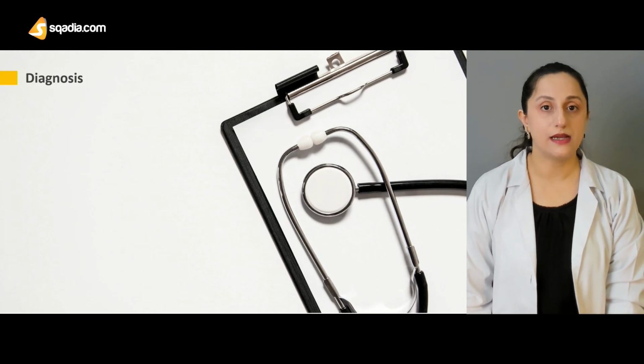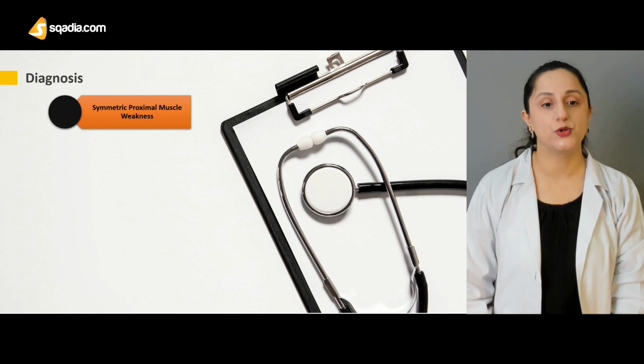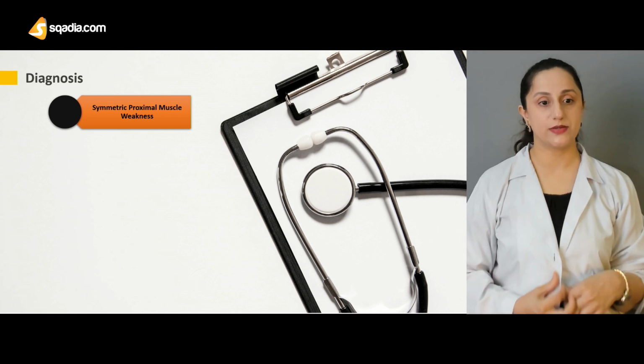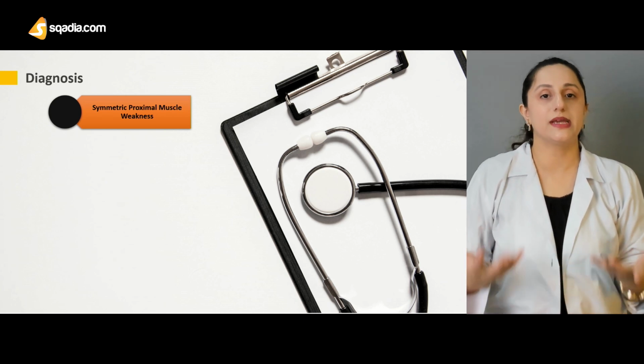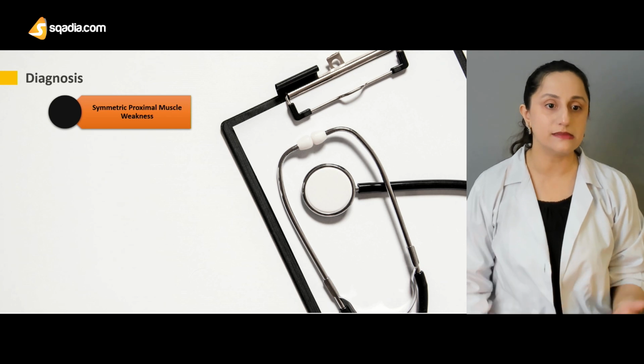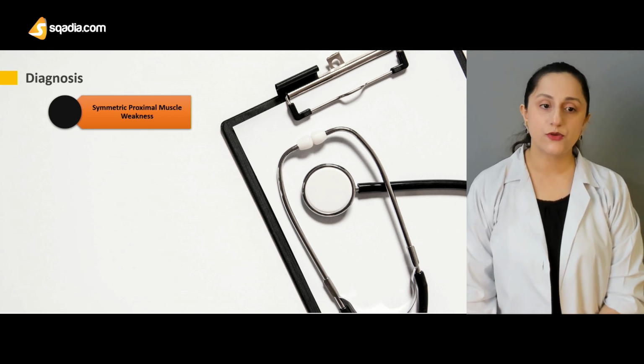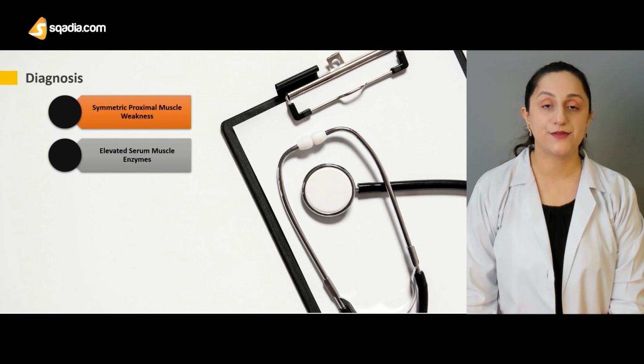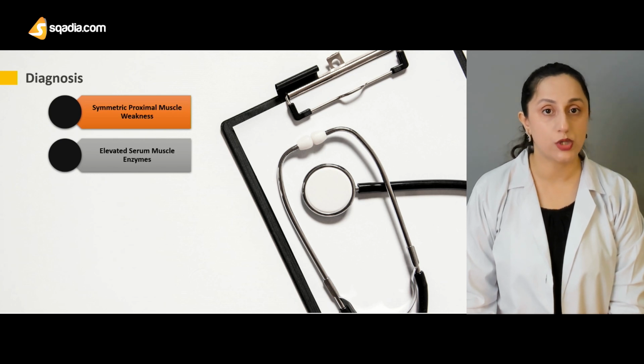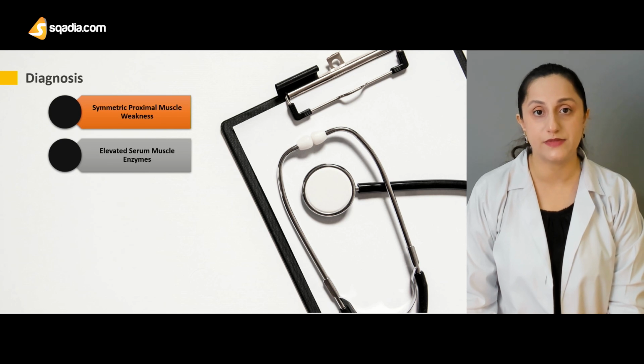Now we have the diagnostic factors that we have to look for in cases of dermatomyositis. So again, there is a symmetrical involvement of the proximal muscles. Both sides are involved, and that is suggestive of the fact that it's not spinal cord or it's not the higher brain centers that are involved in the muscular weakness.